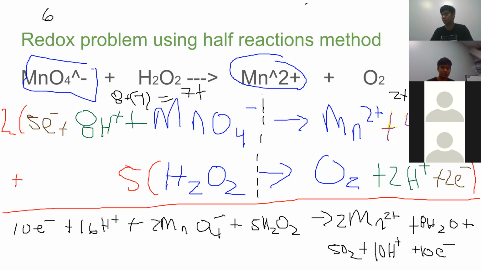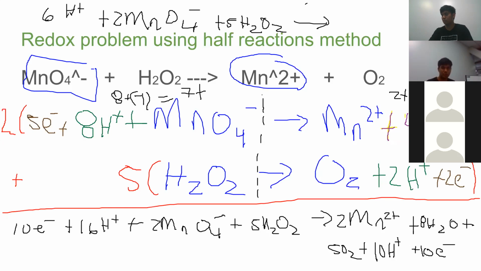It'll be 6H+ plus 2MnO4- plus 5H2O2 produces 2Mn2+, I need water, 8H2O plus 5O2. And that's it.